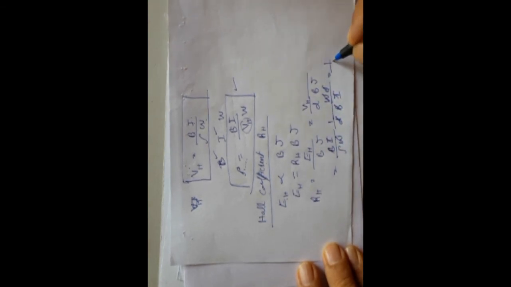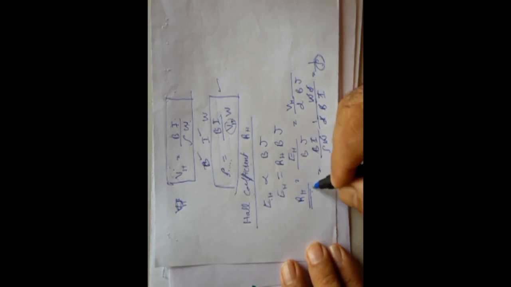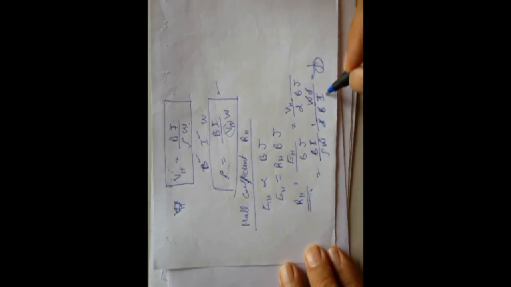Therefore, W gets cancelled, d gets cancelled, I gets cancelled, B gets cancelled, and it is equal to 1 by rho. Just by knowing the charge carrier density, I can easily calculate R_H, the Hall coefficient. Therefore, this phenomenon is very significant to determine what kind of material the semiconductor belongs to, and we are also able to calculate the charge carrier density of the given material. This is the advantage of using the Hall field.